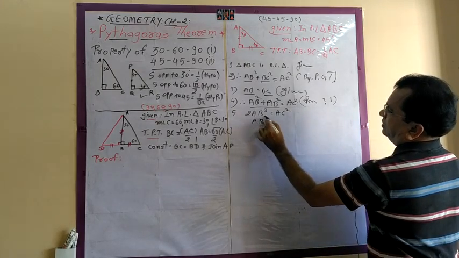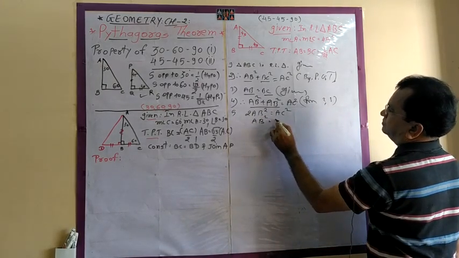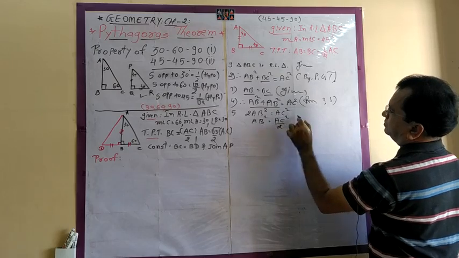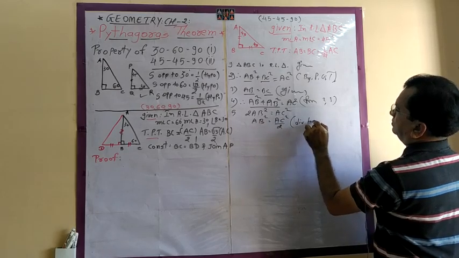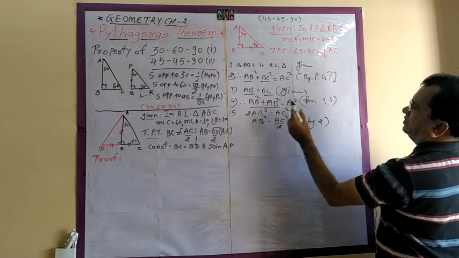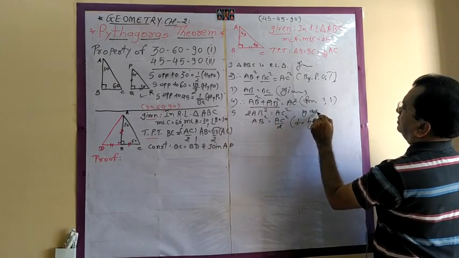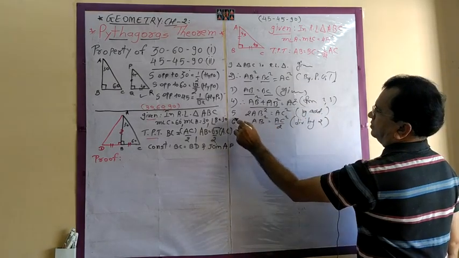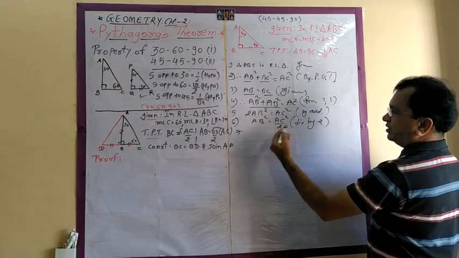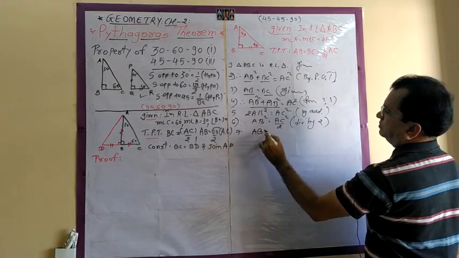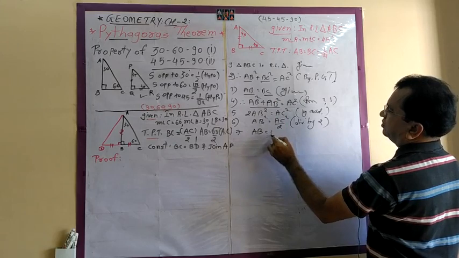Now divide by 2. Now take square root, so AB is exactly equal to BC.